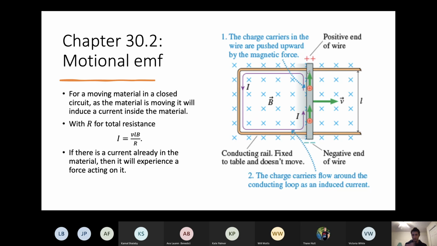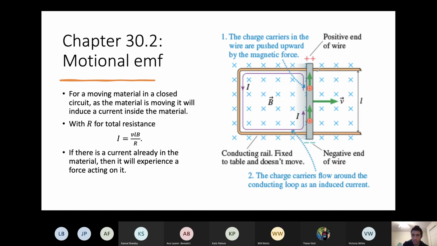So you have the velocity to the right, you have the magnetic field into the page, I'm sorry, and so the force will be up. So all those positive charges will feel a force pushing them upward.